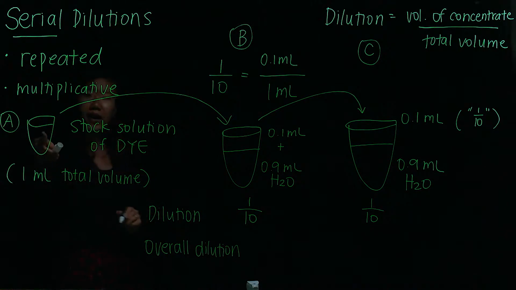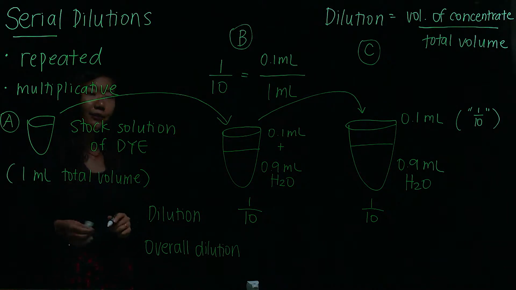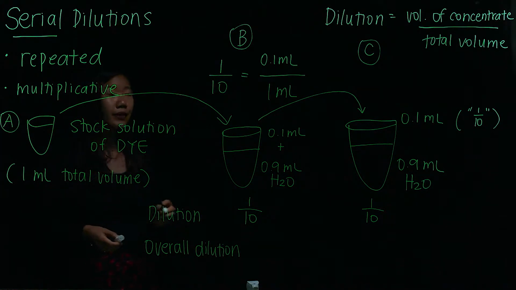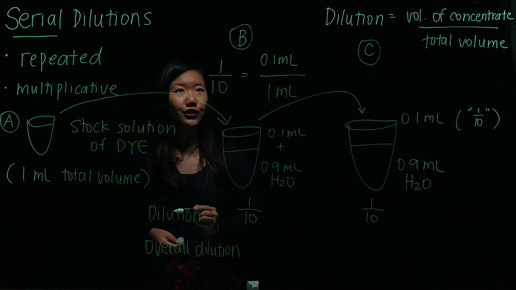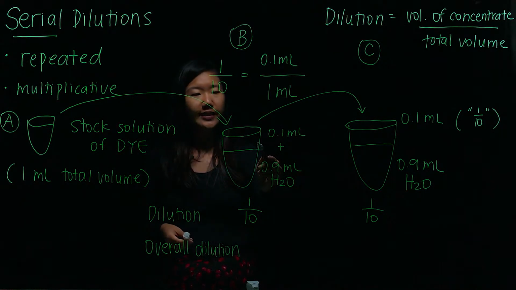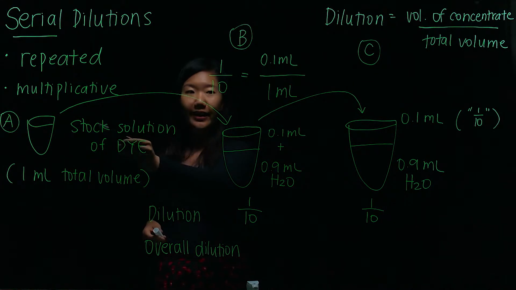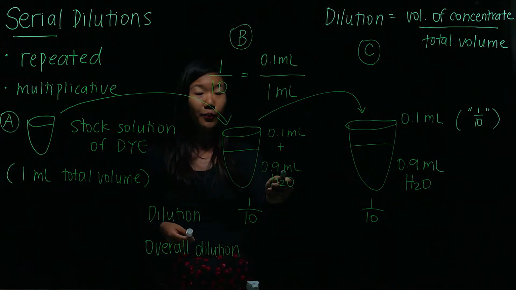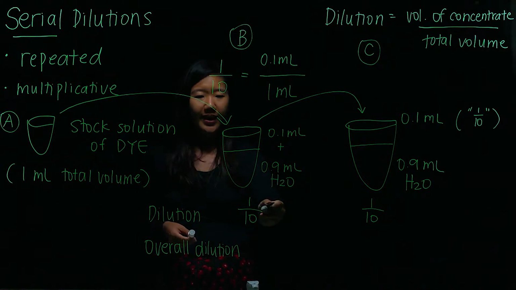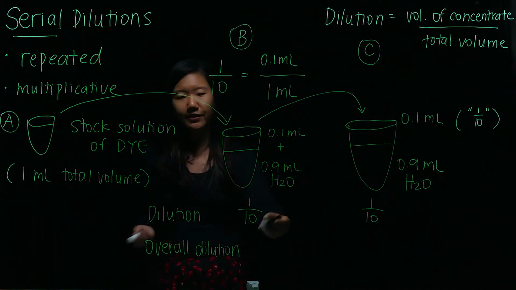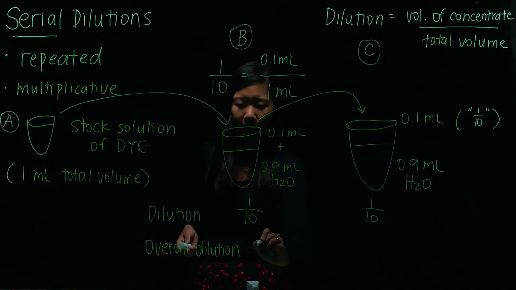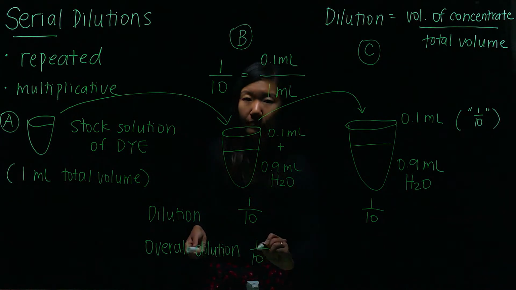Again, we have our stock solution of dye. We're calling this tube A. We've made a 1/10 dilution of this, which is in tube B, by adding 0.1 mL of the dye from tube A into 0.9 mL of water. And that's a dilution of 1/10. So the overall dilution is still 1/10.